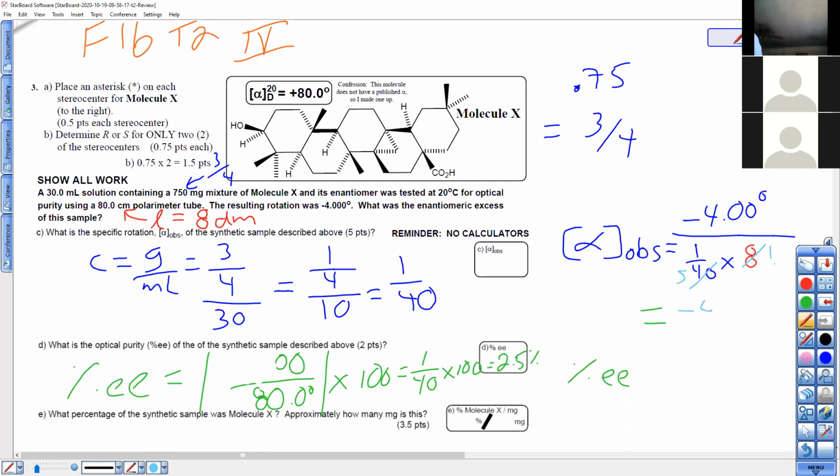And then negative 4.0 over 1 over 5 equals negative 20, which is much nicer. And then negative 20 over 80 is 1 over 4. And it's 25%. And that's our final answer for that.